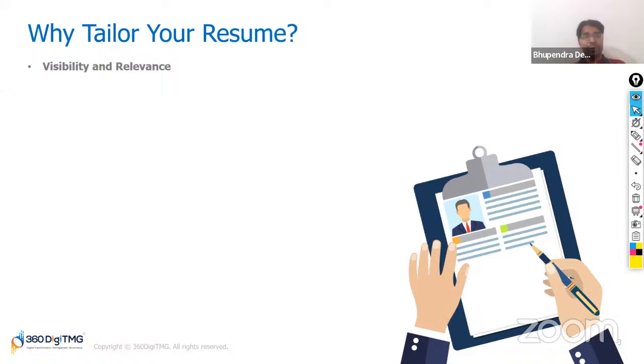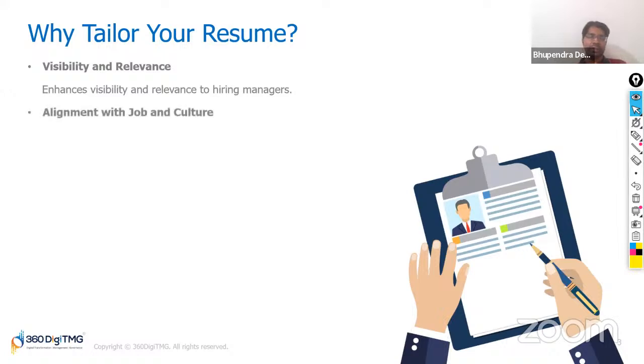Well, when we make it as per the job description, we need to make sure that we include all the content that is present in the job description so that our resume is relevant. And having the skills which are mentioned in the job description actually helps make sure that our resume is visible to the recruiter. It enhances visibility and relevance to hiring managers.